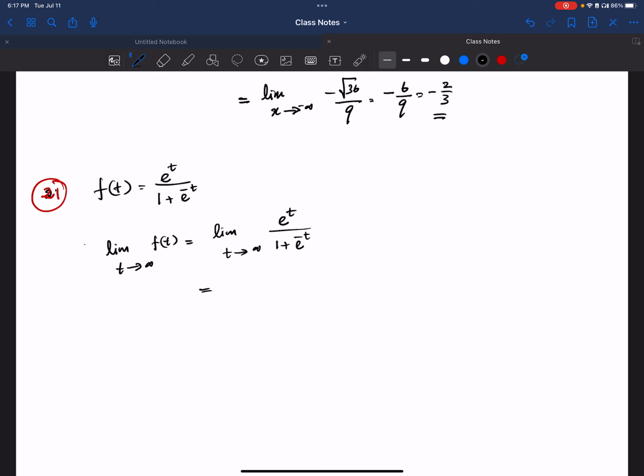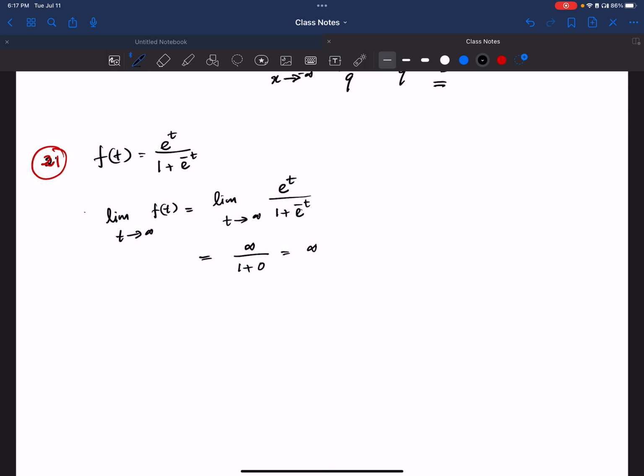When it goes to infinity, e to the power t goes to infinity, so the numerator goes to infinity. This goes to zero, but infinity over one goes to infinity, right? So we have infinity on the numerator and then 1 plus 0. So that is infinity.